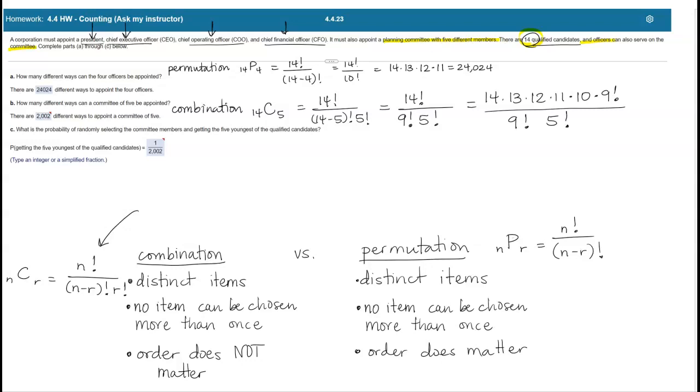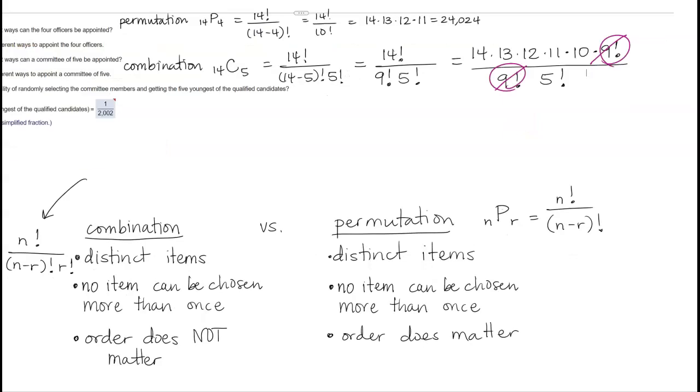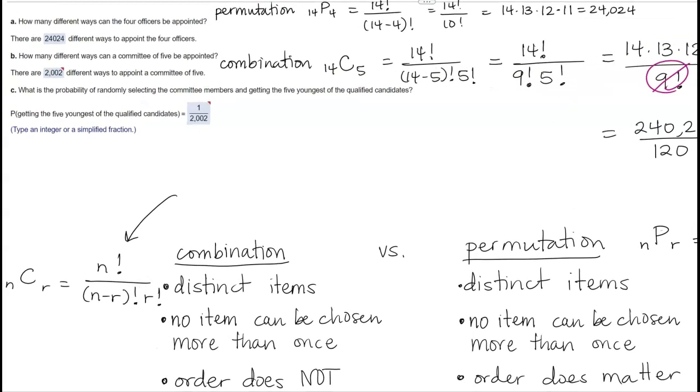I did that on purpose just so I can cancel out the 9 factorial. So in my calculator I do everything in the numerator, 240,240, divided by 5 factorial, which is 120, in the denominator. When I punch that into my calculator, I get 2002, which is where they're getting this answer from. Now, finally, on to part C.